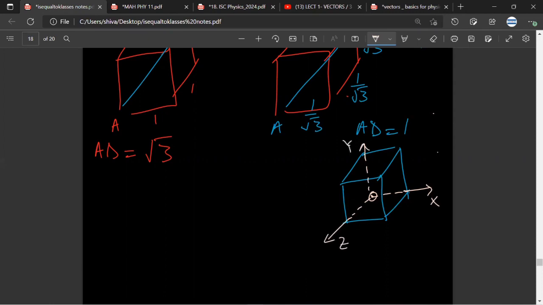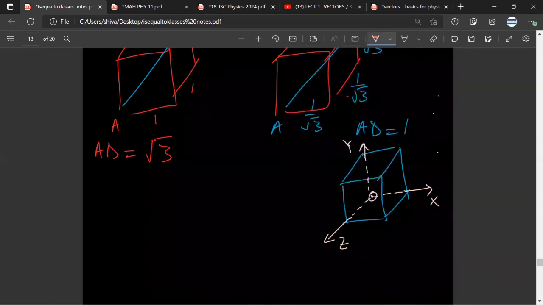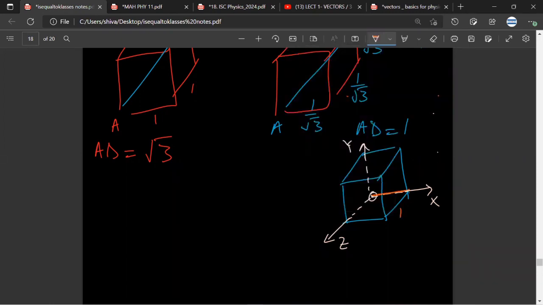Are we okay, Avantika, till here? Yeah. What I'm trying to tell you is that if this cube is 1 unit, this vector would be i cap, this vector would be j cap, and this vector would be k cap. Are we clear? Yeah.